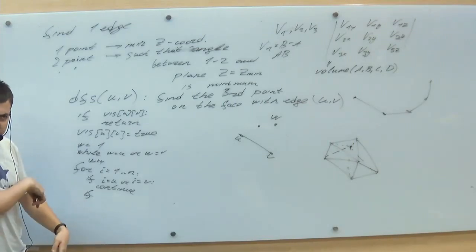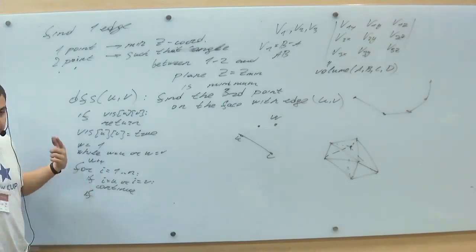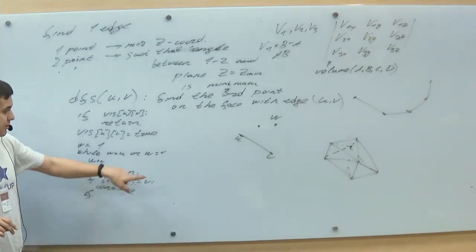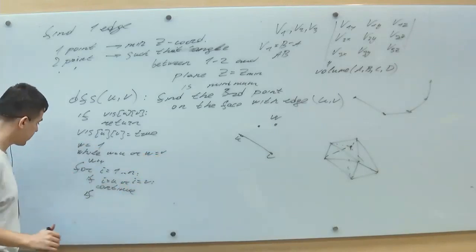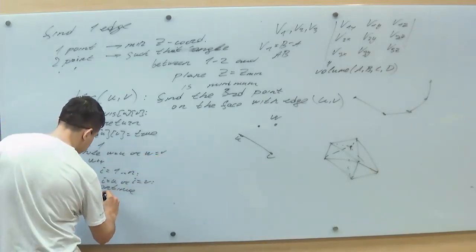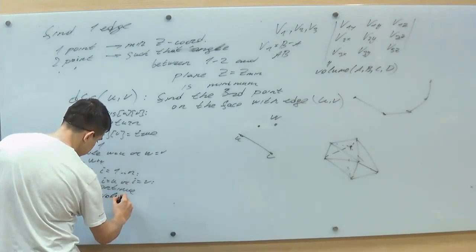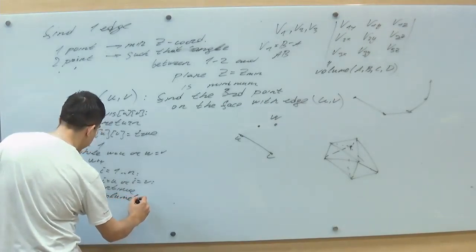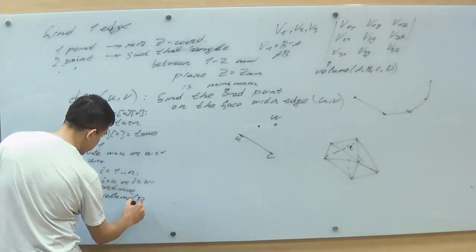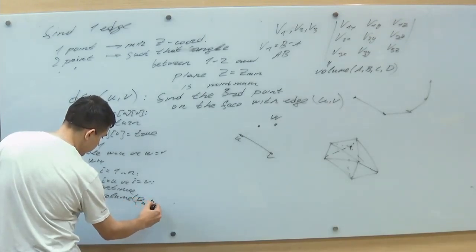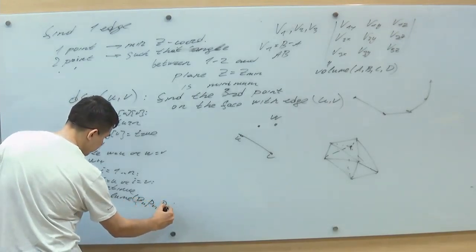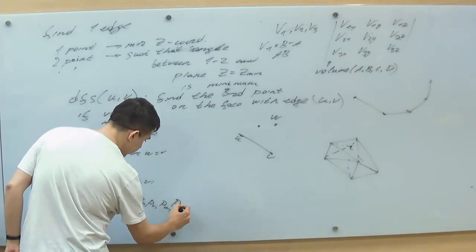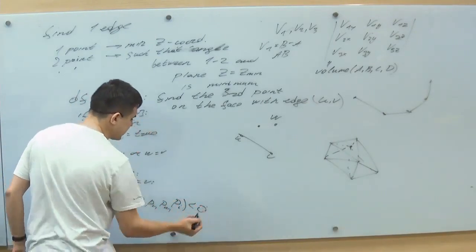And if it's on the wrong side, then we'll replace W with I. So if volume of P U, P V, P W, and P I, let's say it's less than 0.